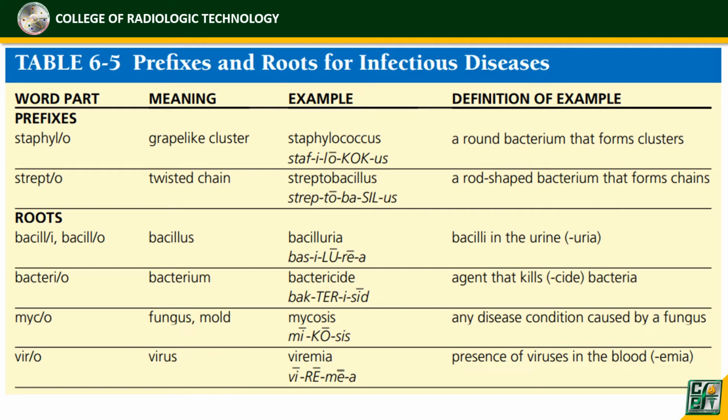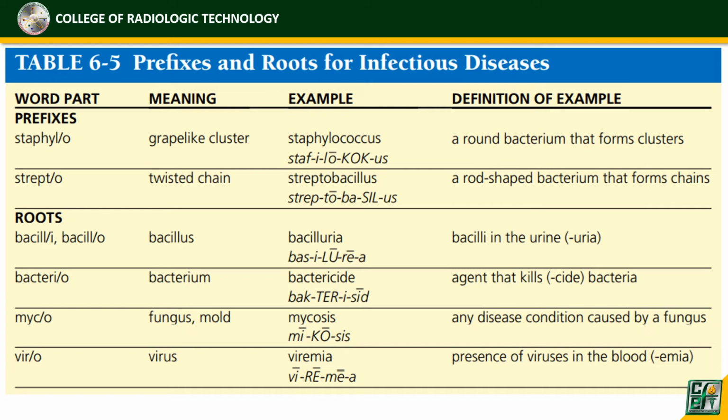Staphylococcus, round bacterium that forms a cluster. Then rod-shaped bacteria that form chains is streptobacillus. Next, bacilli, meaning bacillus or bacillo. Bacilluria meaning bacilli in the urine. Bacterio meaning bacterium, bacteria.